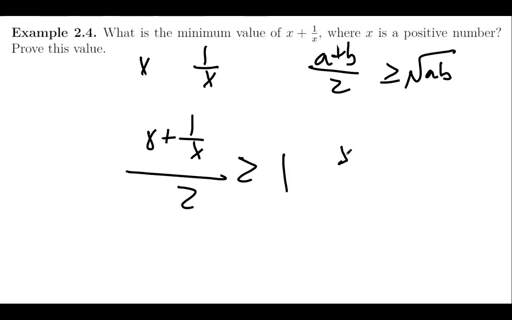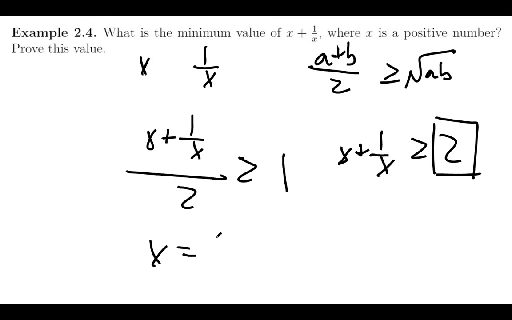And that means x plus 1 over x is greater than or equal to 2. So the minimum value will be 2. And we know that equality happens when x equals 1 over x, and the only spot where that is true is x equals 1. And if we plug in 1, we can see that it works.